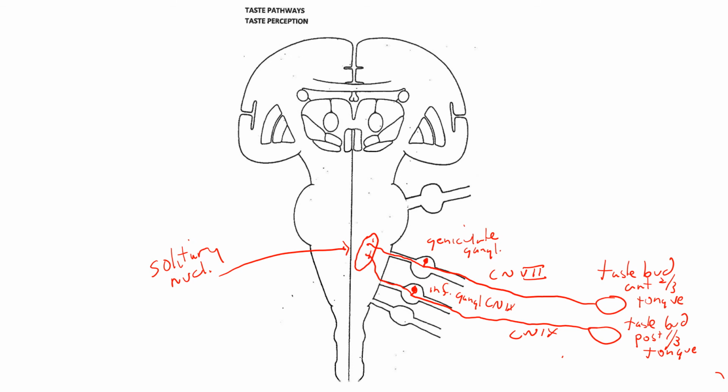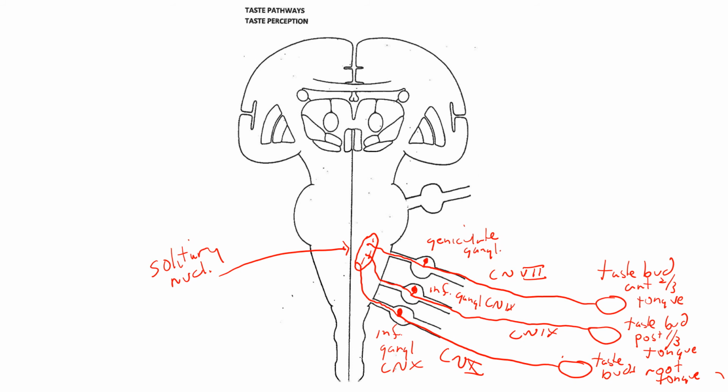And then finally, I'm going to have taste buds coming from the root of the tongue. These fibers are going to be using cranial nerve 10, and their cell bodies are going to be in the inferior ganglion of cranial nerve 10, and they are also going to project to the solitary nucleus.